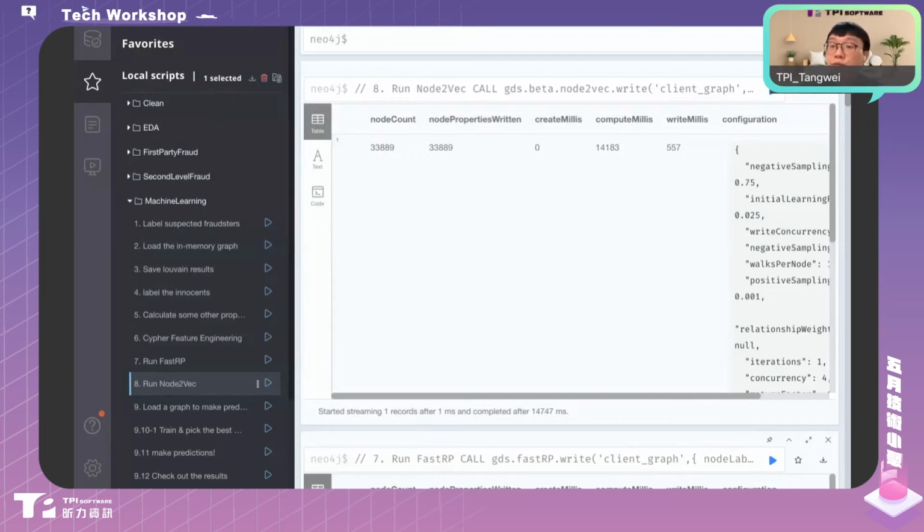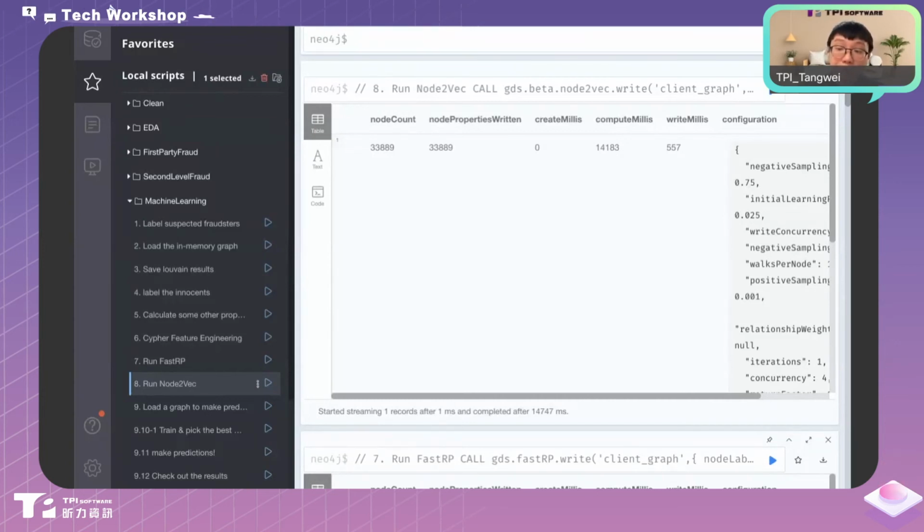With more features in our machine learning models, we can get more accuracy. So here we are doing some feature engineering, like calculating other properties, or using Cypher to do the feature engineering, such as counting the number of fraud transactions.